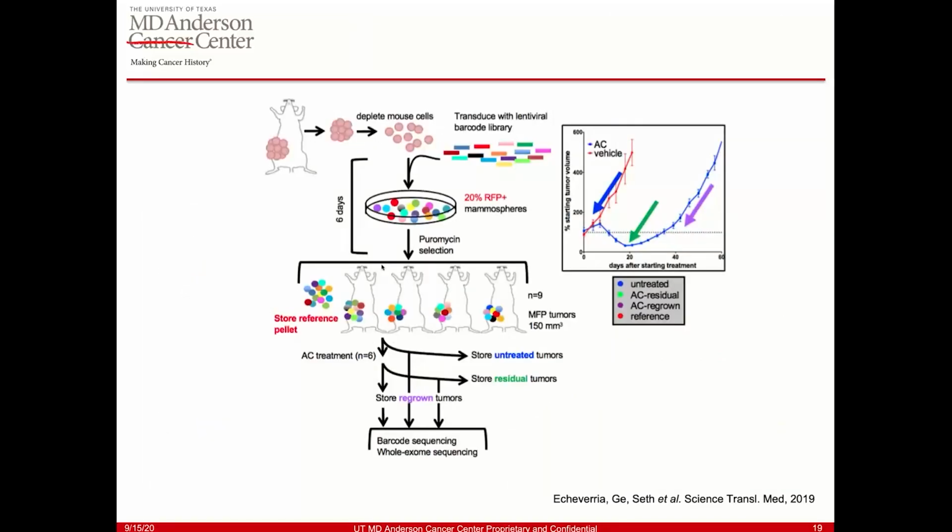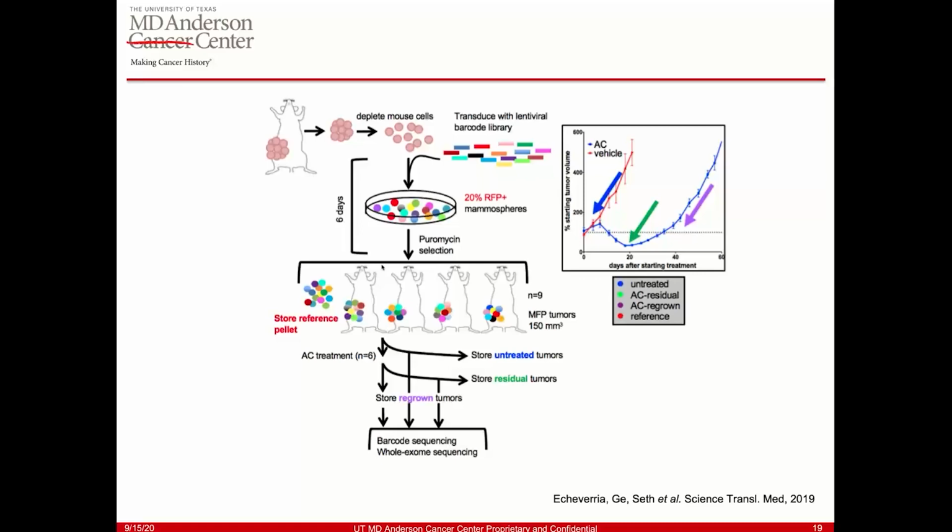In our study, what was done is after creation of the PDXs, the mouse cells were depleted and transduced with a lentiviral library, similar to the PDAC experiment. But instead of going through a stabilization phase, after about 6 days of selection, a cohort of about 9 tumors was created.